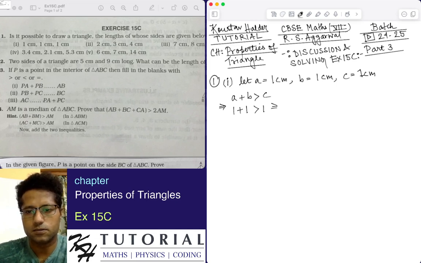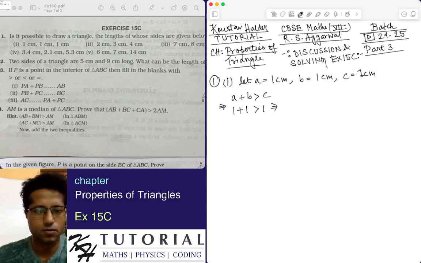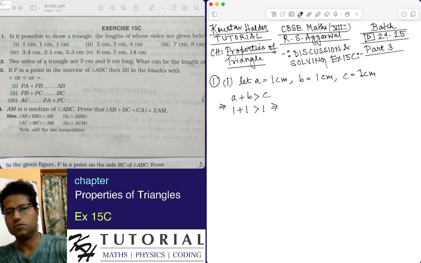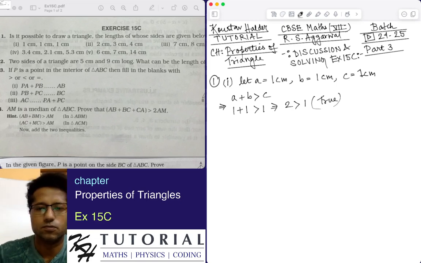I'm ignoring the unit of the length, centimeter. I hope you can understand that the units are in centimeter. So this implies 2 greater than 1, which is true.